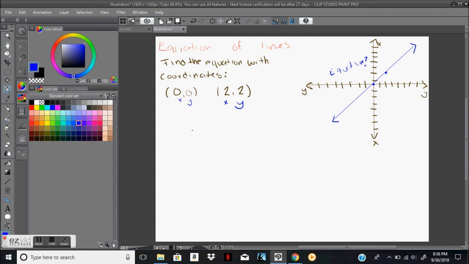So we need to find the equation. The first step is to find the slope. We know that the slope-intercept form is y equals mx plus b.